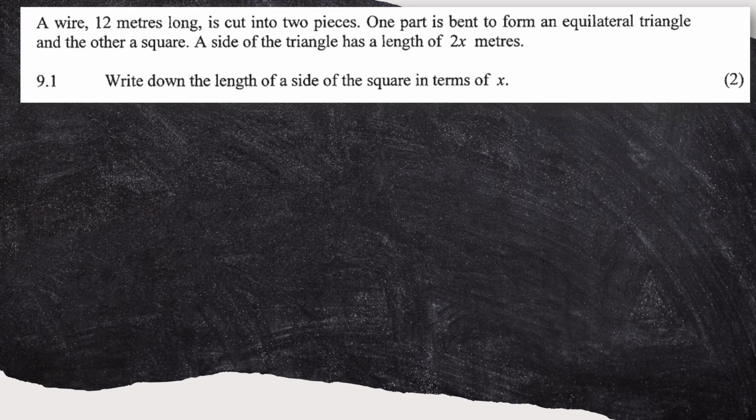So we are told that there's a 12 meter long wire, which is then cut into two. To show that we are cutting it into two, we have two pieces, and that amounts to this 12 meters. Then the other part has now created an equilateral triangle.